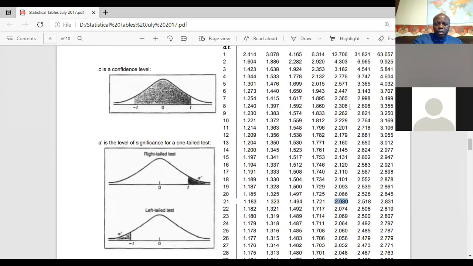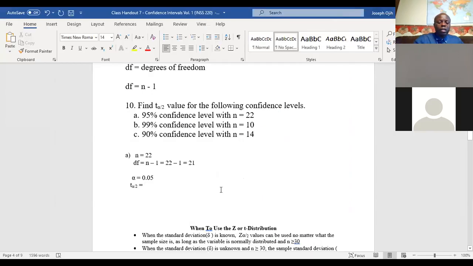So that is for alpha 0.05 with 21 degrees of freedom. So the answer becomes 2.080. Let me write it down, then we can put it on paper. 2.080. So we can now go back there and put our critical value as 2.080.